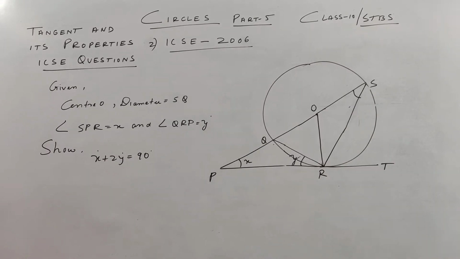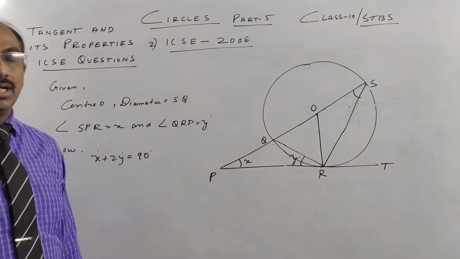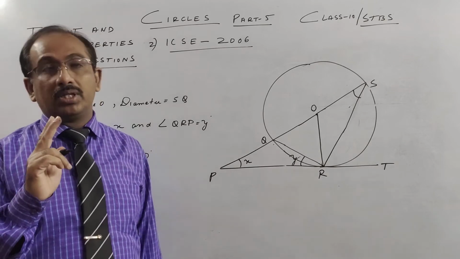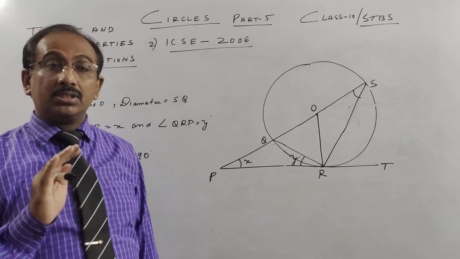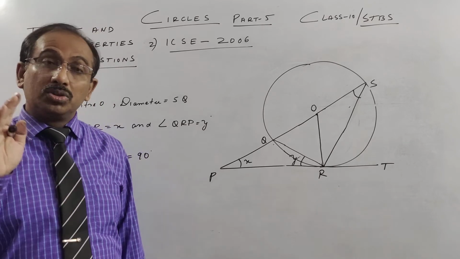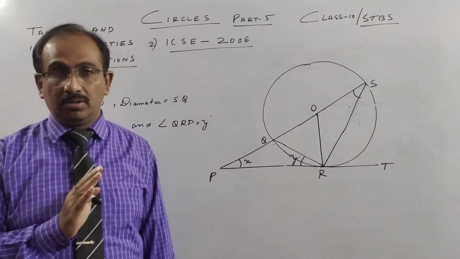So children, we move on to the last question of this session, which is question 2, ICSE 2006. One thing I should tell you here: there are generally 2 questions from circle in ICSE. One is in section A, which is generally from chord properties, so see my part 1 and part 2 of the video lesson.